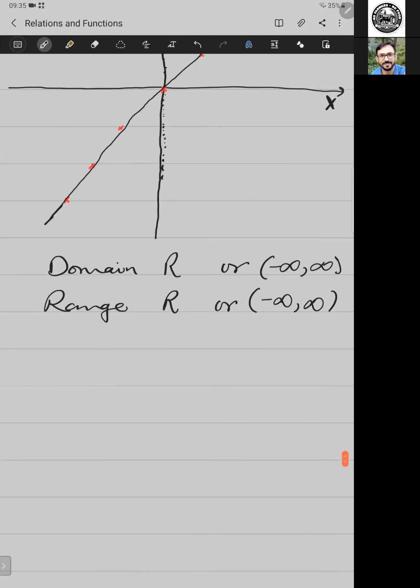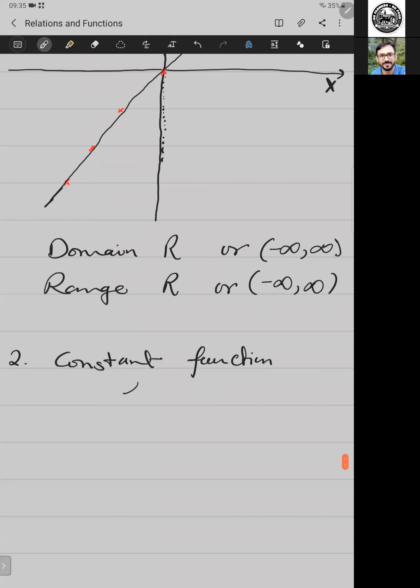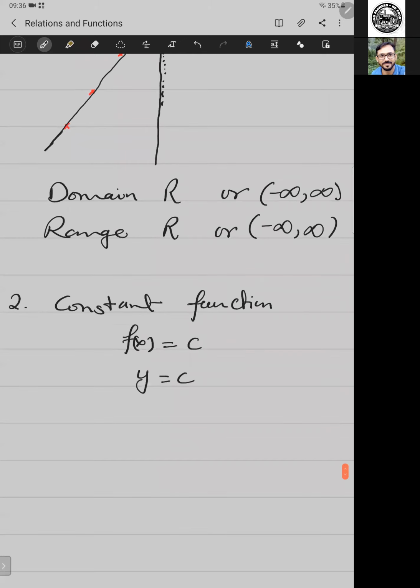Now, the second graph we will be making is for a constant function. Yes, a constant function like f(x) equals c. f(x) can be said as y equals c. Now c could be 2, 3, whatever.